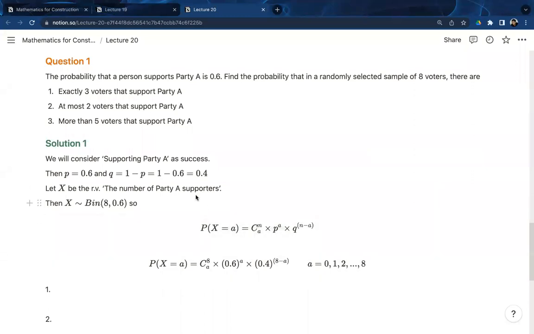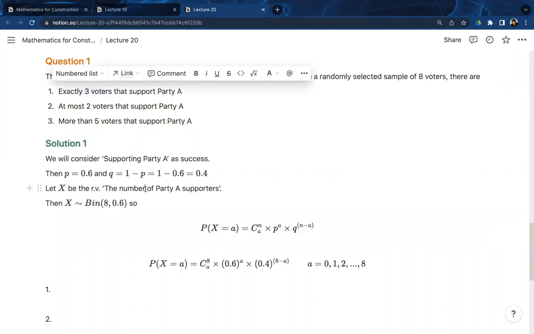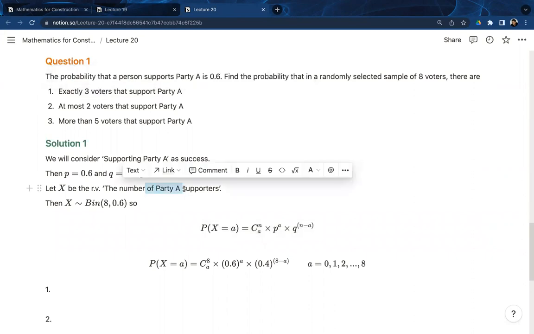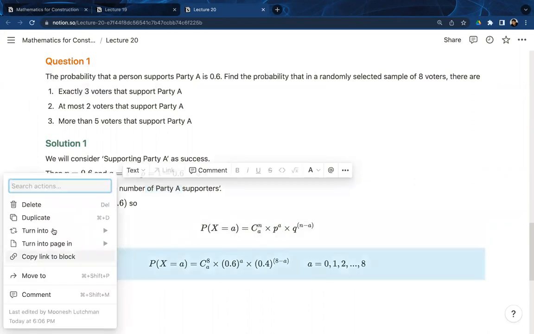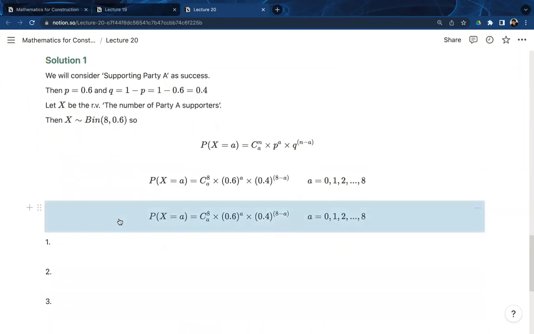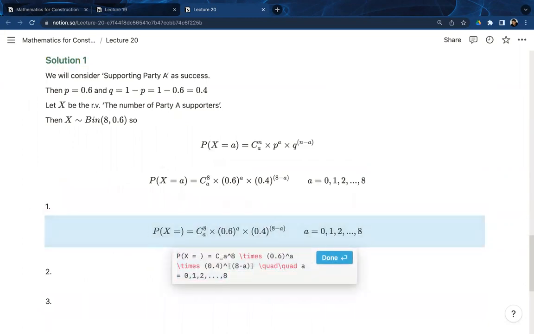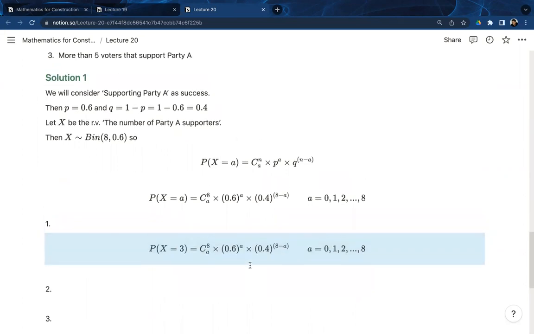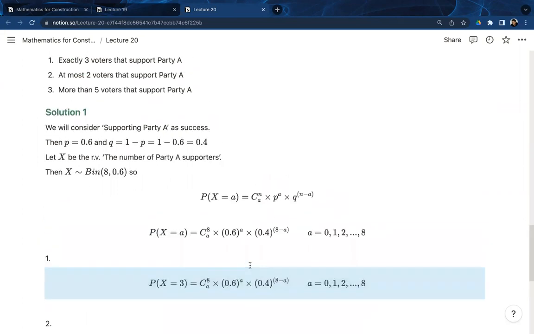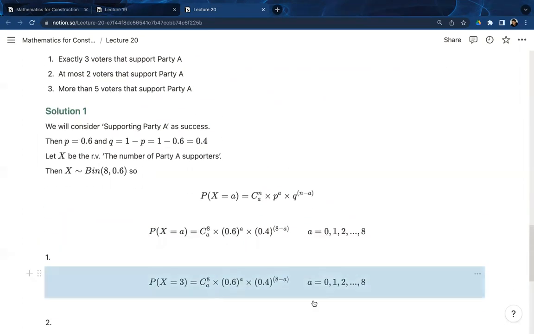Okay, so the first question, if they want to find a probability, you have 3 voters. X is the number of voters, the number of people that support party A. So essentially what they're asking you for here in the first part is the probability that X equals 3, right? What's the probability that X equals 3?